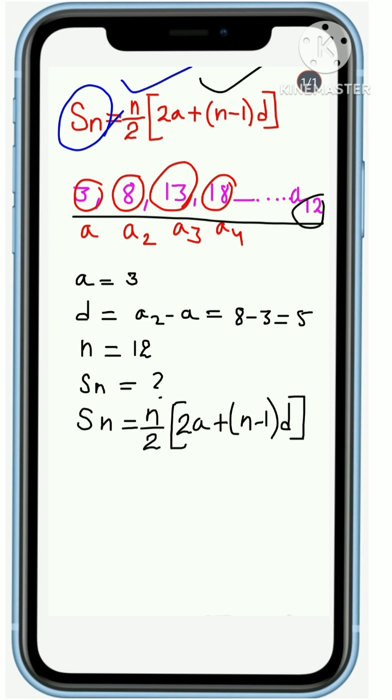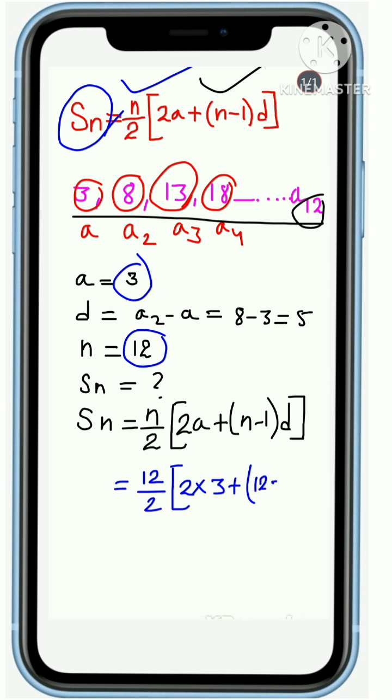Now just put the values. N is 12 by 2, 2 into A is 3 plus N is 12 minus 1, and D is 5.